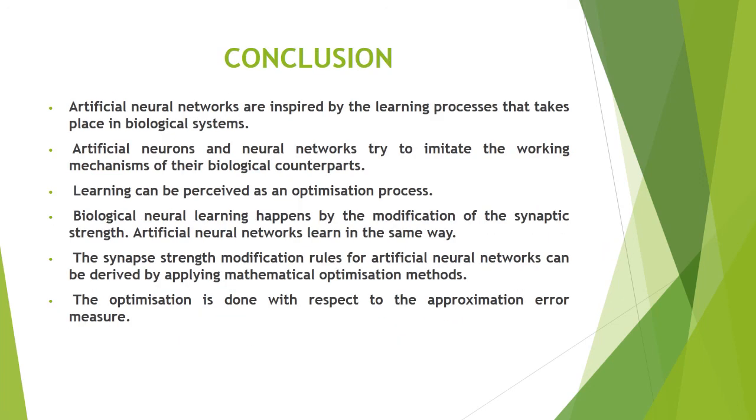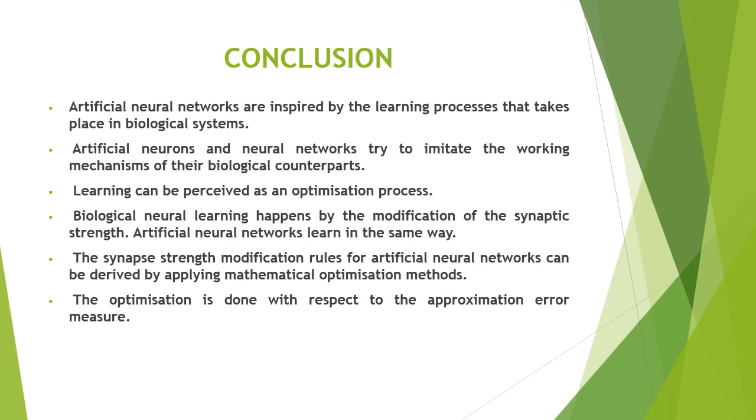In the concluding remarks, I would like to highlight some very important points for artificial neural networks. The first is that they resemble the biological network, that is the human brain. Artificial neurons and neural networks try to imitate the working mechanisms of their biological counterparts. This has already been discussed: a biological neural network, a BNN, corresponds to the ANN, that is an artificial neural network.